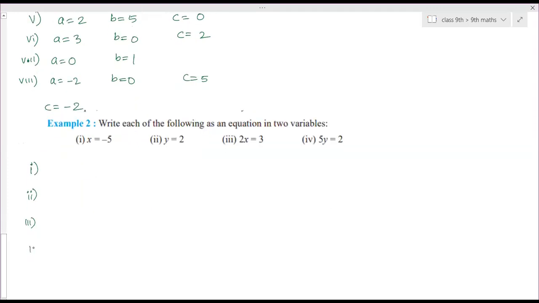Tanya, first question. You can tell. Don't write but tell. You have to write an equation in two variables. You have to make an equation in the form of ax plus by plus c. It will be x is equal to -5. So how to write in this form?